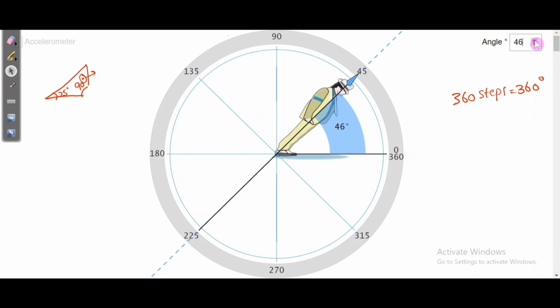And similarly, if we go up to 90 degrees, so here it's going toward the 90 degree. If it reached 90 degrees, the angle made with its original position is this 90, meaning that we take 90 steps, and for each step we count 1 degree. So therefore this is called 90 degree.